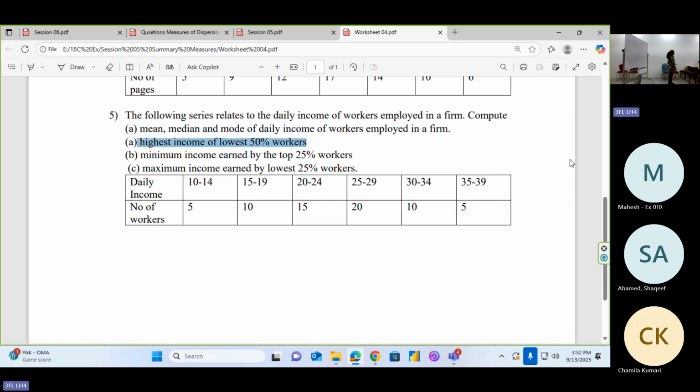What is the measurement we can calculate? Which measurement?